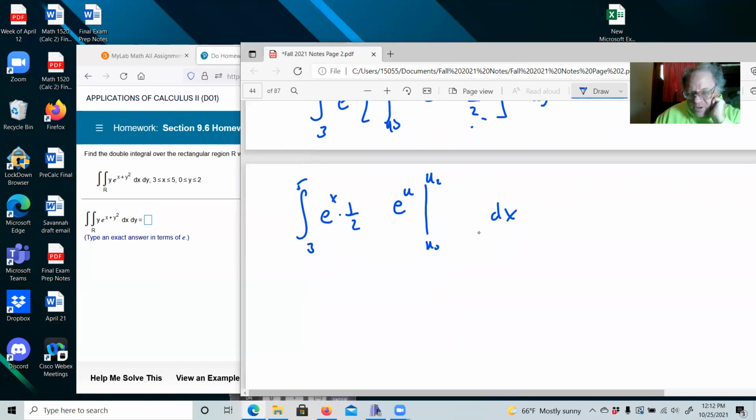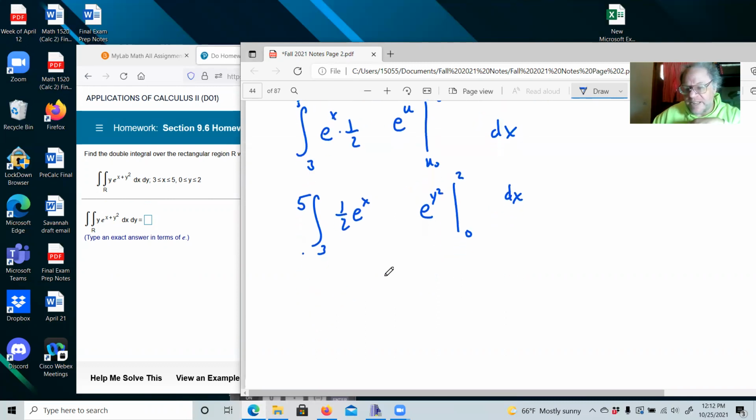Okay. So let's go back. So we've got 3 to 5, 1/2 e to the x. We have e to the y squared going from 0 to 2, and then times the dx. So we have to solve this arithmetic here.